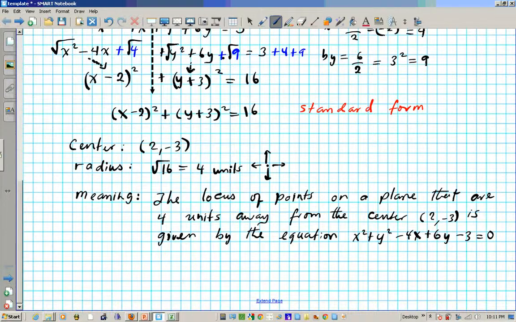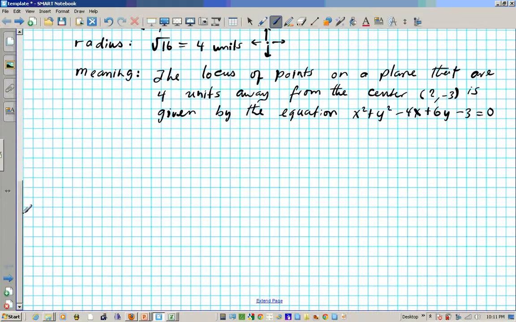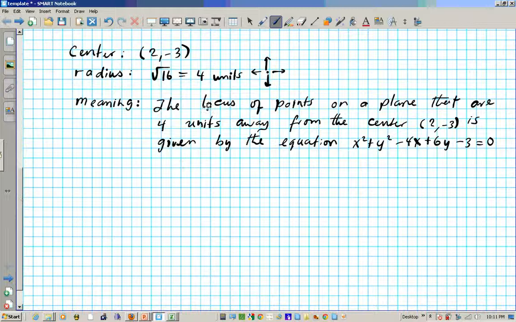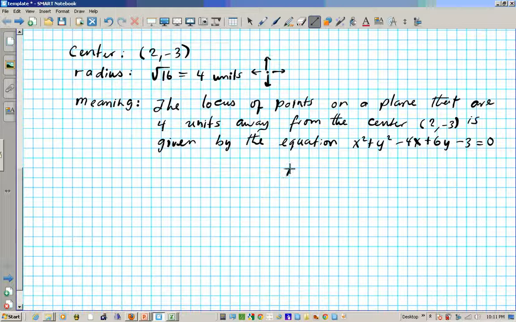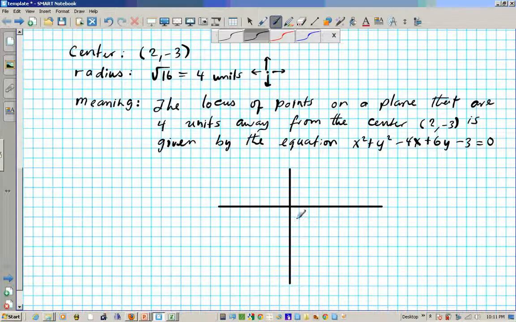So having that in mind, we can go ahead and graph what our circle is going to be. We're going to the right 2 units and then down 4. So our fourth quadrant is going to be the biggest one. So we just shift our y-axis to the left a little bit and our x-axis up a little bit. Let's graph the center first. The center is 1, 2, 2 units to the right, and then go down 3 units, 1, 2, 3.